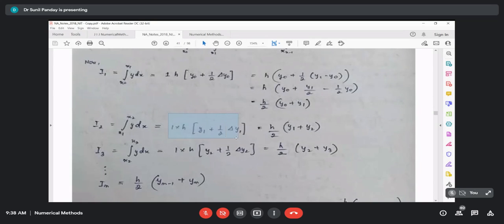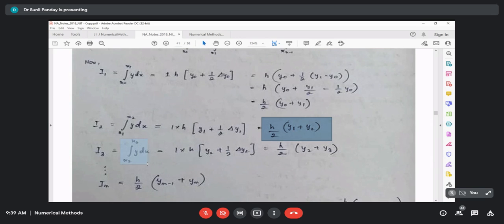So this is 1 into h times y1 plus 1 by 2 delta y1. The definition of delta y1 is y2 minus y1, and after simplification I have h by 2 times y1 plus y2.